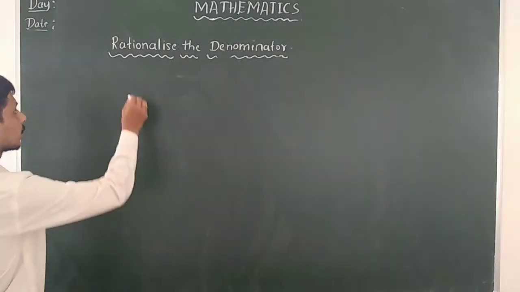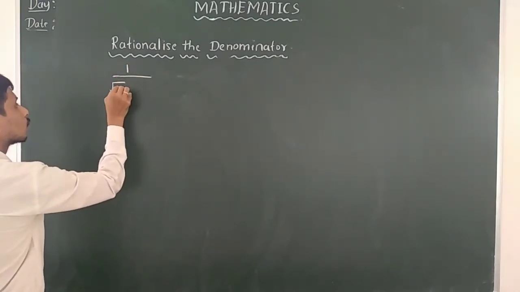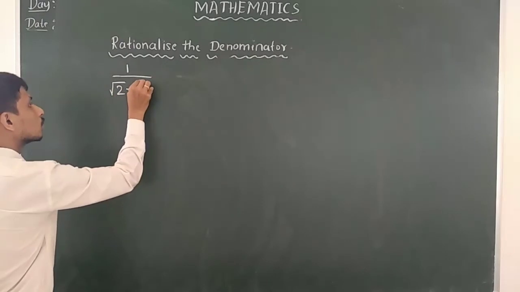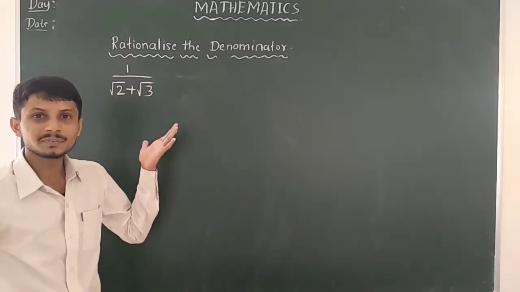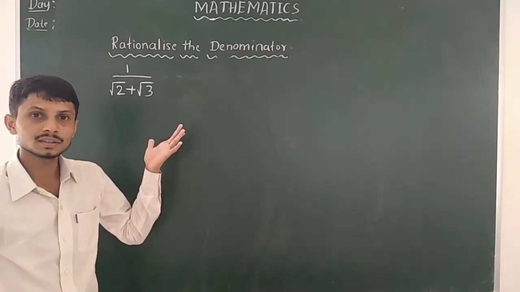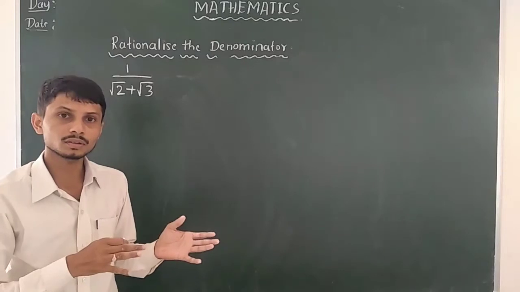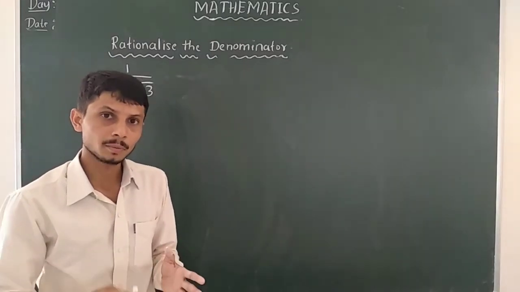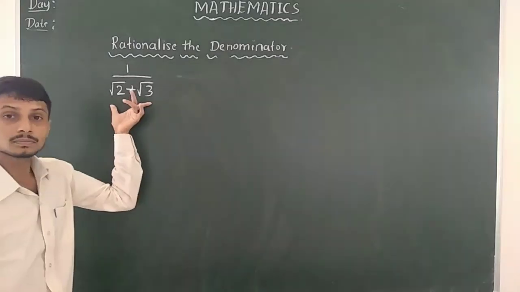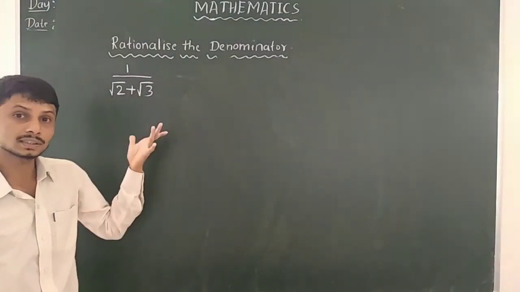Yes, the next example is 1 by root 2 plus root 3. It is quite a different number here. Earlier there was only one term, a multiplication or division of terms. But here, addition or subtraction of two irrational numbers is taken.